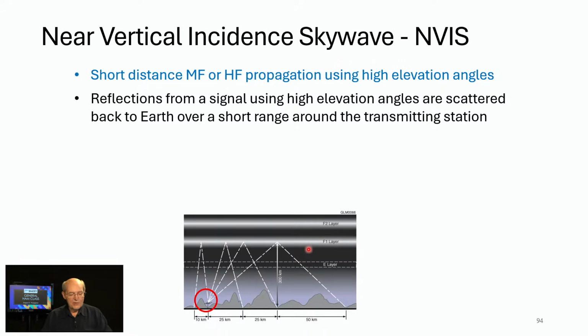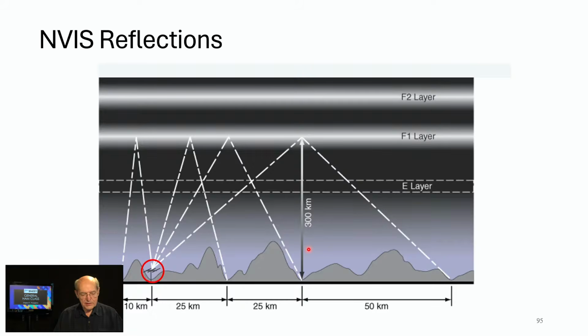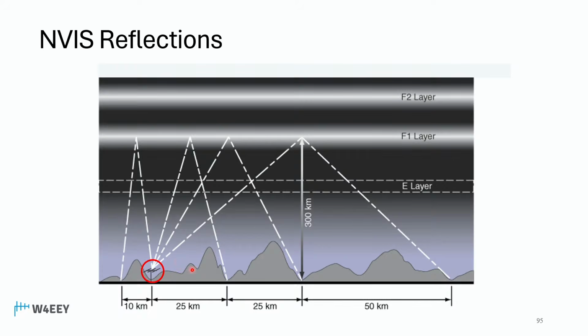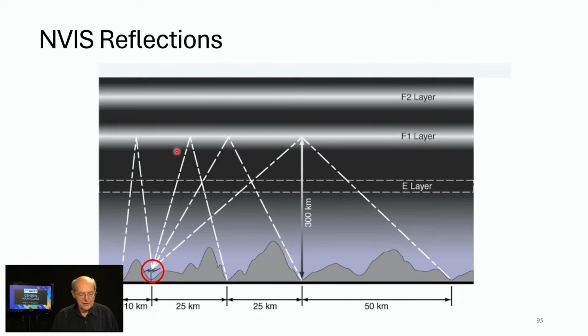And then we've got something called NVIS, Near Vertical Incidence Skywave. Do I have a bigger picture of that? Yeah, I do here. We'll jump back then. So here's a transmitter, circled in red. So we're transmitting. We're going almost straight up. And then we come down at distances that are close to our transmitting site.